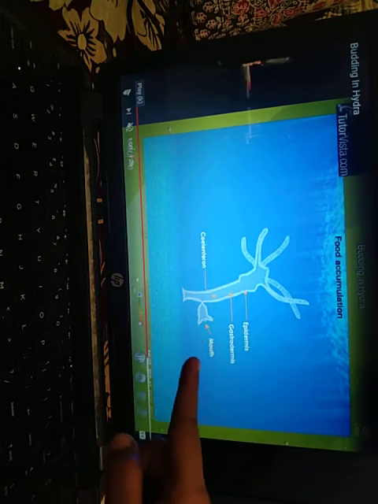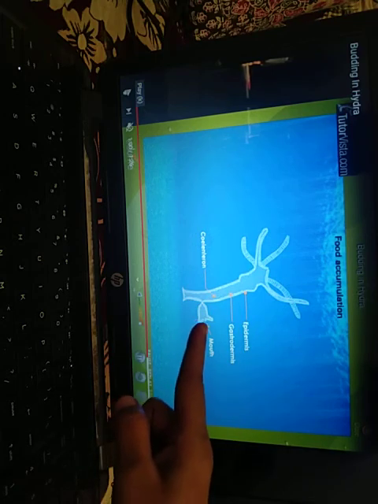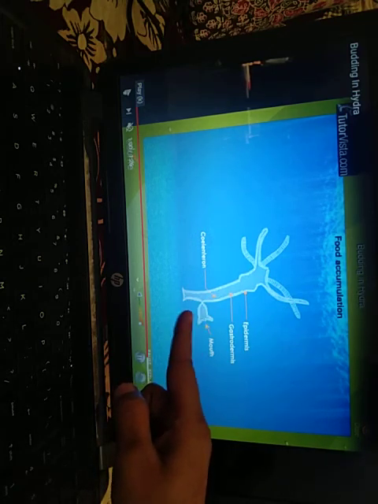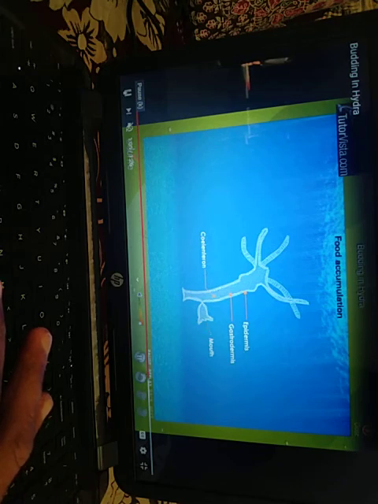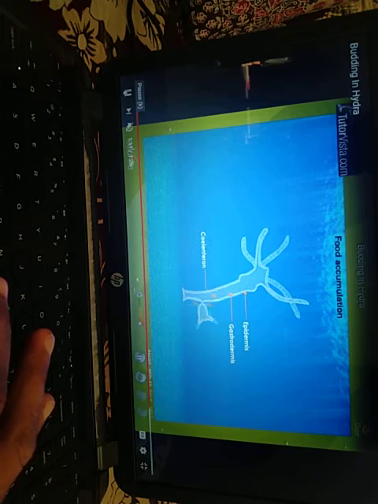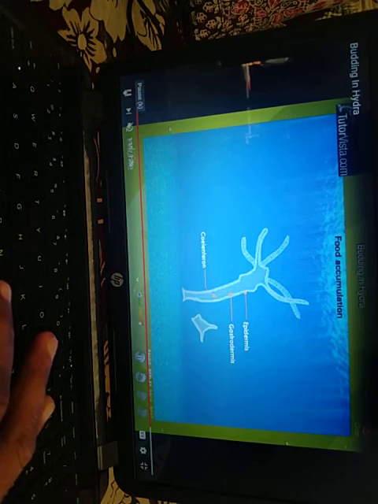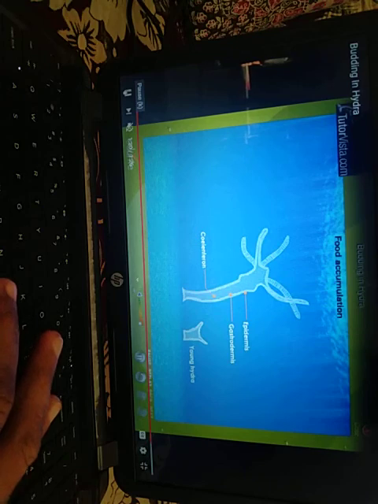As soon as it matures, it gets detached from the parent body, and attaches to the substratum, any support that is present.